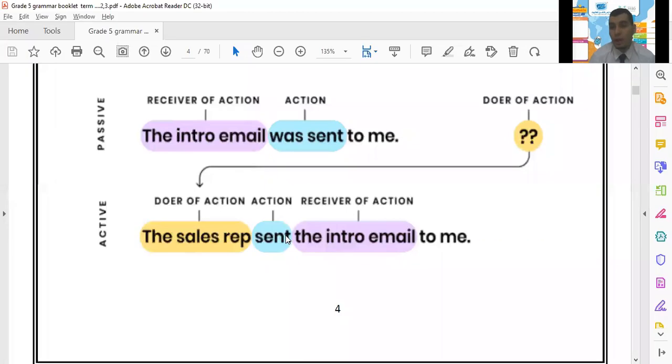Hamza, what questions do you have? My question is why was sent? Yes, that is part of changing the verb. We said that 3 things must be done, remember? Yes, here they are.